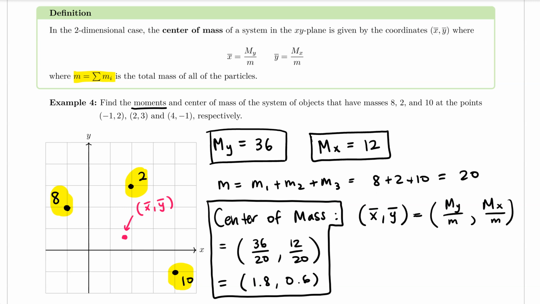So maybe one of the cities has a population of 8 million, another one has a population of 2 million, and another population for the last city would be 10 million. And why would we care about the center of mass? Well, something that our world is experiencing a lot of right now is war. And one thing that's really helpful in these times is being able to provide humanitarian aid.